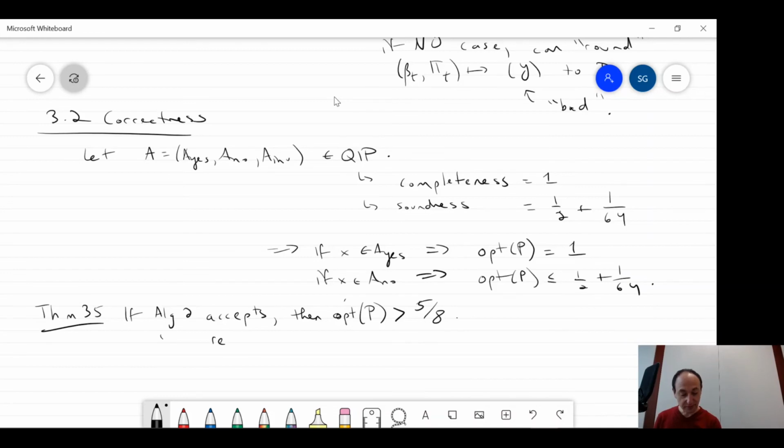If, on the other hand, the algorithm rejects, then opt of P will be strictly smaller than 7 over 8.